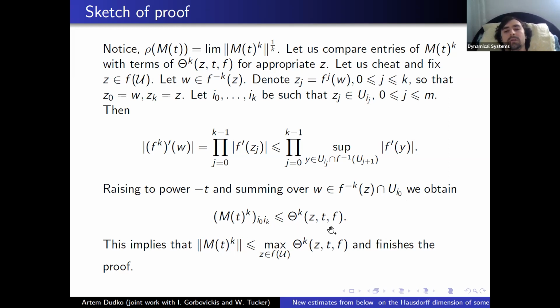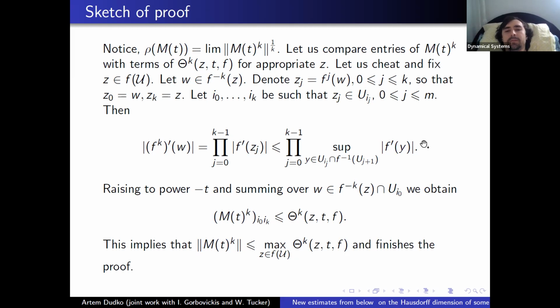Then we obtain this inequality because these terms are elements of the matrix. These are products of k elements of matrix M of t, such that the next element is in the same row as the column of the previous.